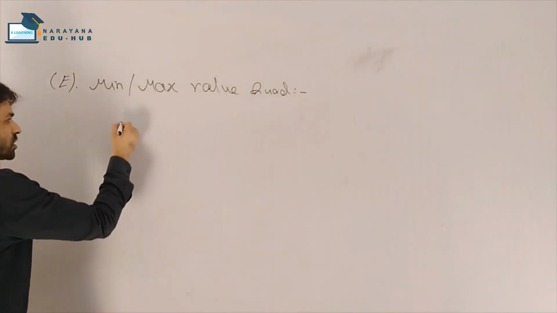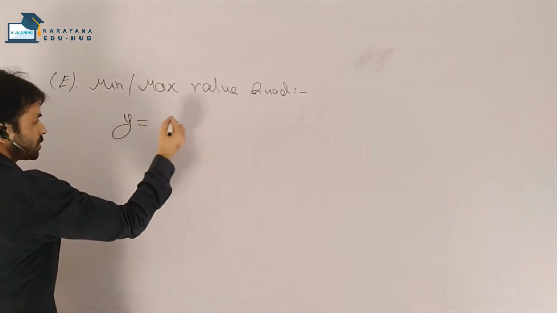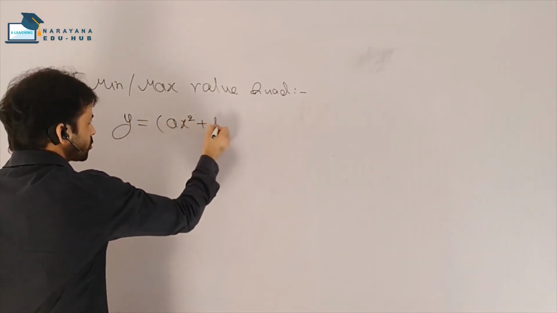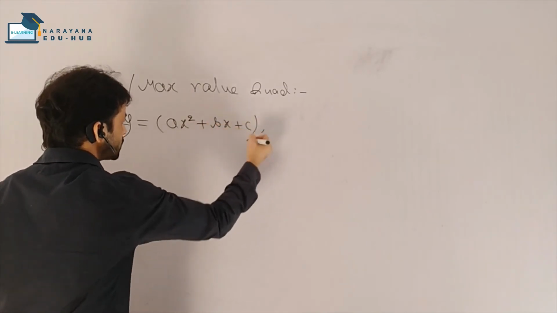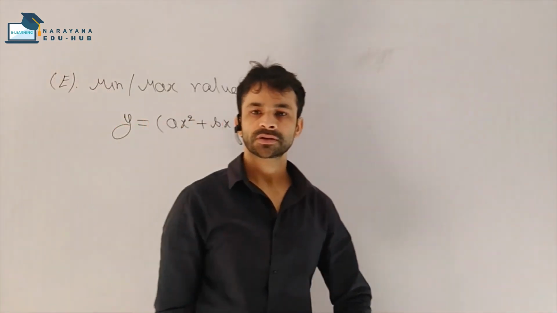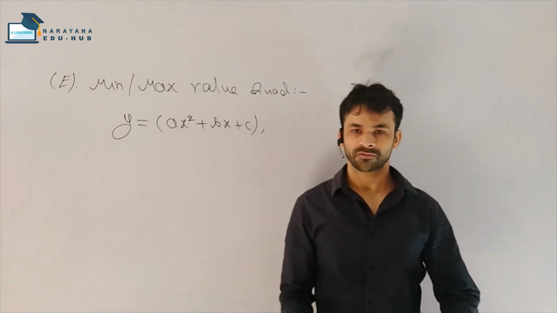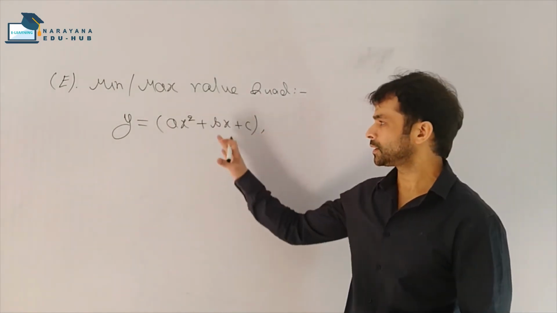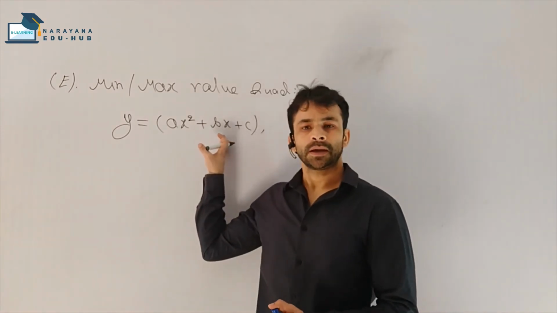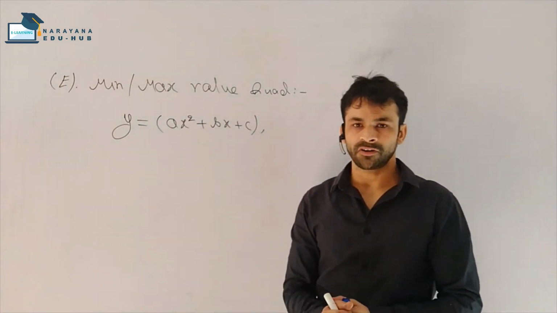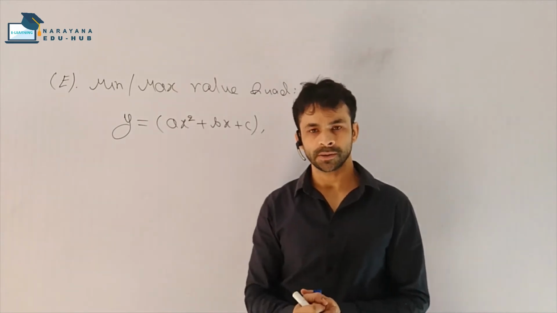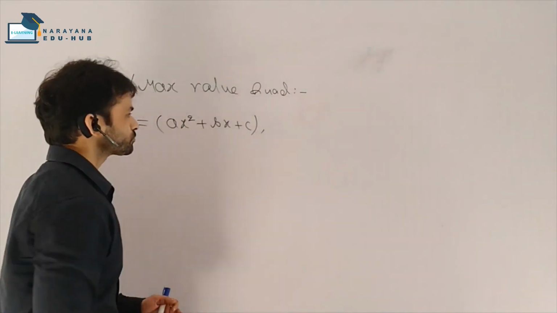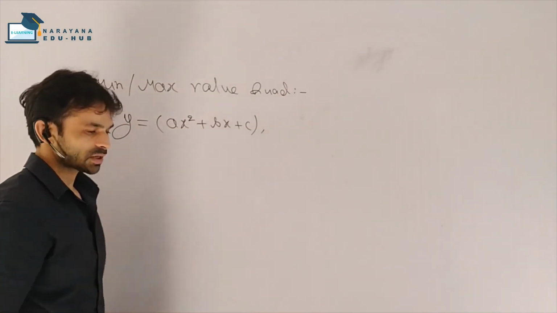We have the quadratic expression, let's say equal to y, because we generally write like this only. y is equal to f(x) type, because in case you have to draw, we'll draw on the xy axis. So x is the independent variable, y is the dependent variable. We can draw on the xy plane. This is the expression; we have to find the minimum or maximum value of this.